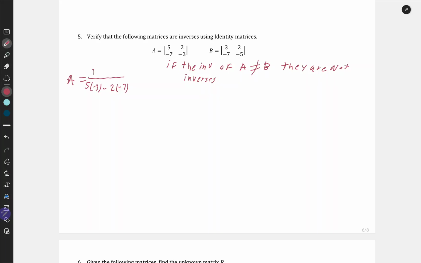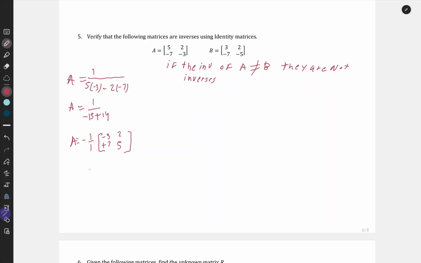And now this would give us 1 over negative 15 plus 14. Alright, now we know that A is negative 1 over 1. So now we know that we can multiply by the inverse of this again. It's swapped around, negative 3, 5, negative, so positive 7, 2.